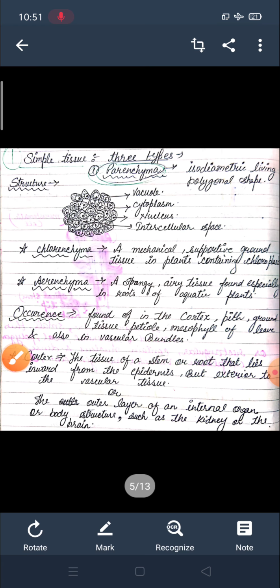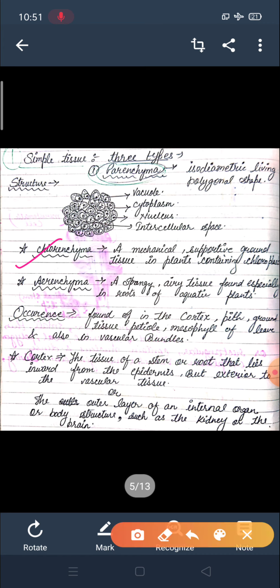So let's understand the chlorenchyma, a mechanical supportive ground tissue in plants containing chloroplast. It means these are green in color due to chloroplast. Its part is also parenchyma.